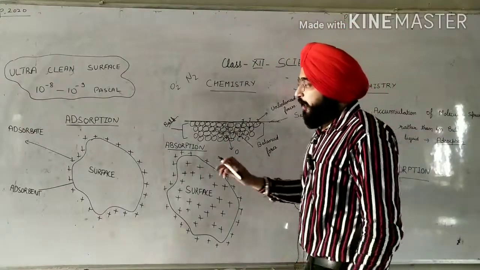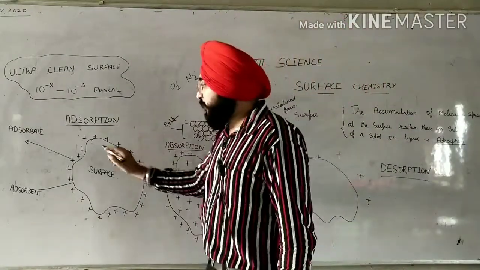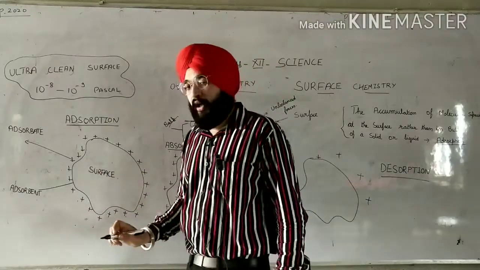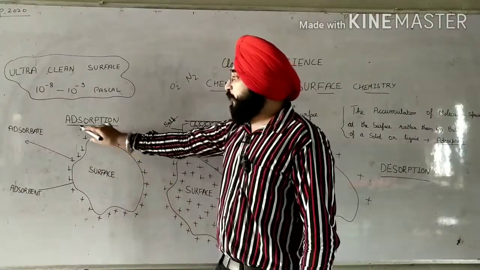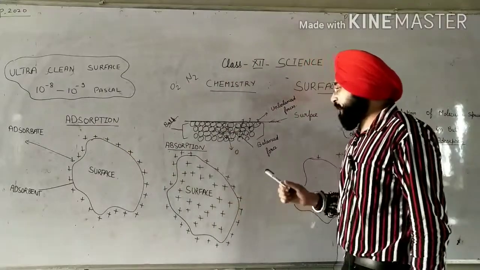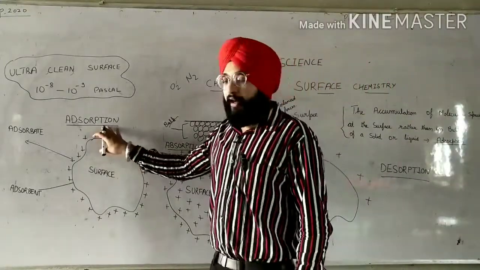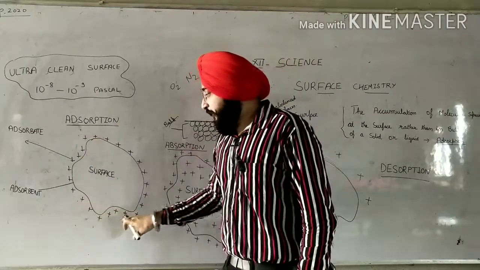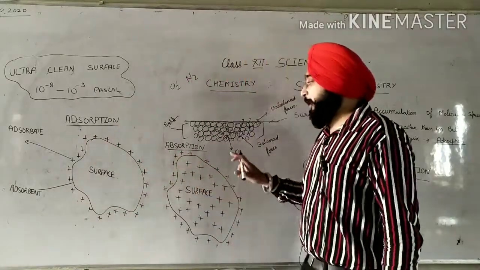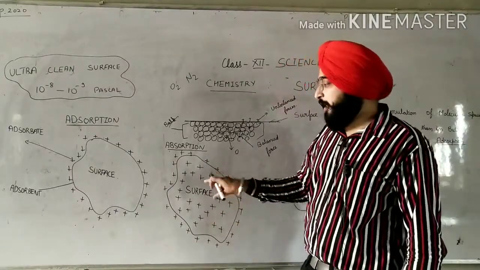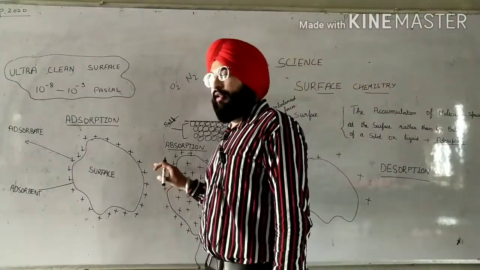That is, the interaction of the ink with the chalk is only on the surface. So this is adsorption, and this is absorption. Adsorption is only a surface phenomenon, but absorption is on the surface as well as inside the bulk.